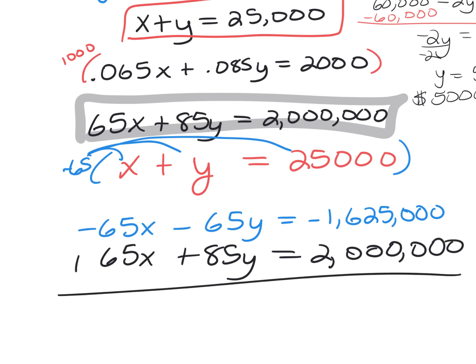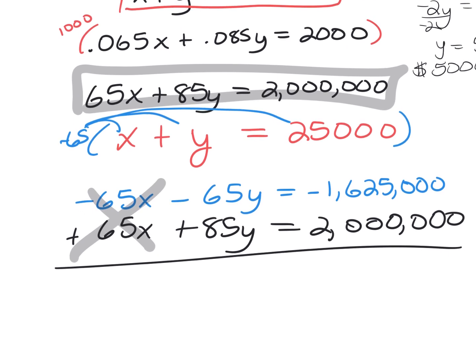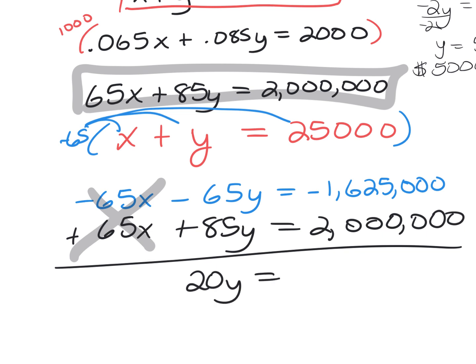So now I'm going to go ahead and add the 2 together. Notice the 65x's cancel out. And then I do negative 65y plus 85y, and I get 20y. And then 2 million minus 1,625,000 gives me 375,000.